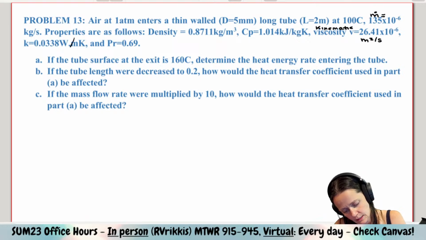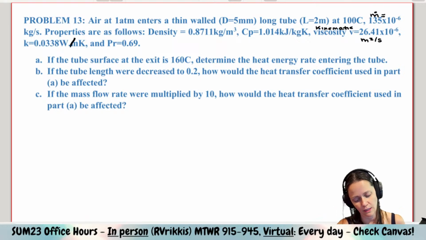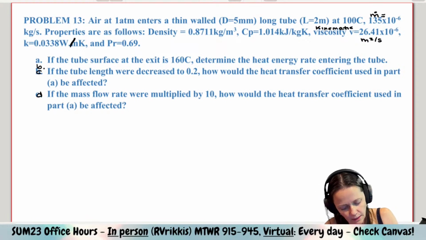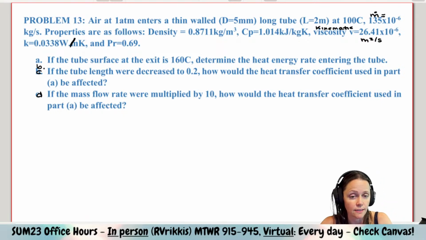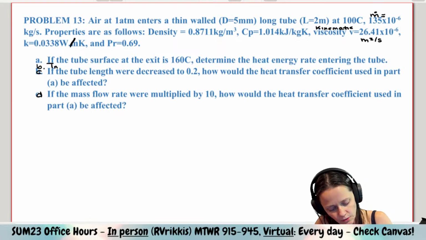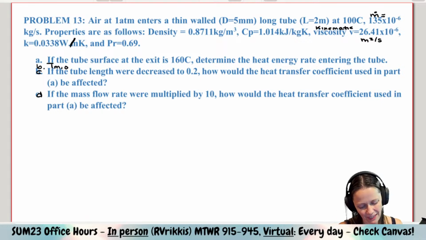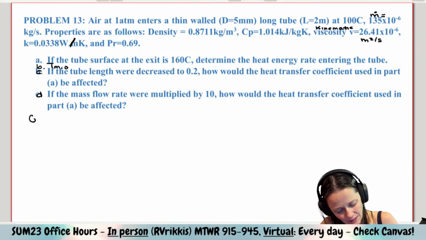We've got a thermal conductivity in watts per meter Kelvin, and then we've got a Prandtl number. So we've got several things here. In fact, I'm going to add a line here, and I'm going to change this to C and D, because we're going to end up needing to calculate the mean temperature at the outlet anyhow. So this is the mean temperature at the outlet we're going to calculate. All right, so let me draw my picture.